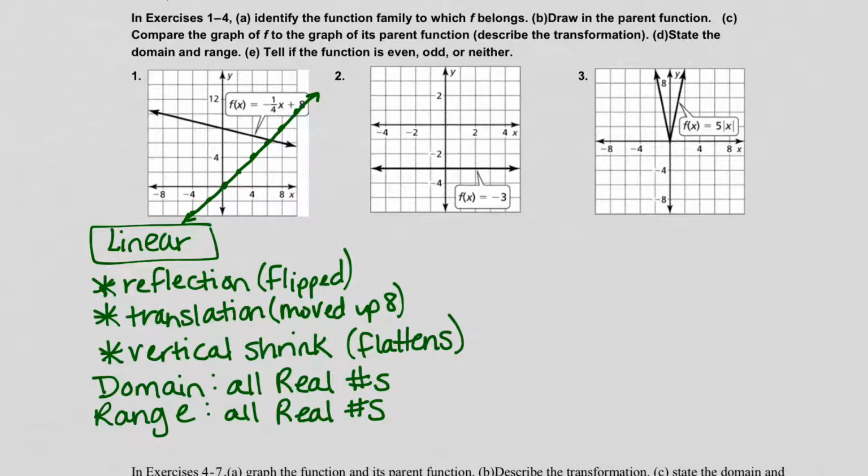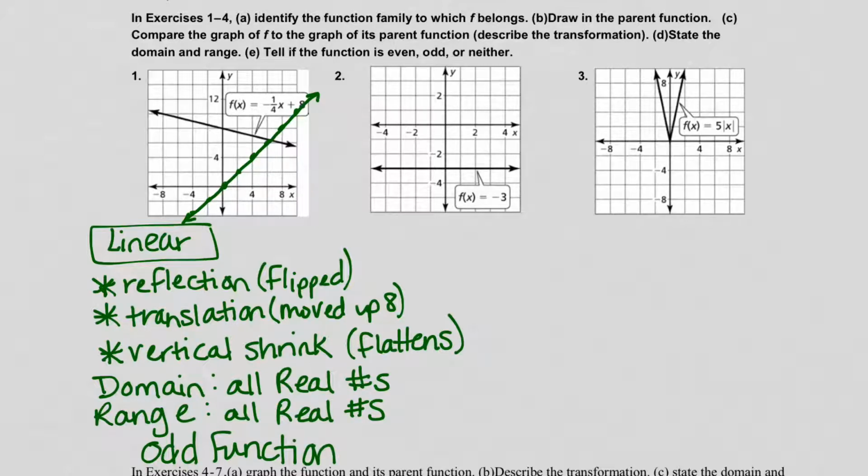But for linear graphs, we have to look at whether, if I reflect this over the y-axis, it is the same. In this case, it's not. So this would be an odd function.